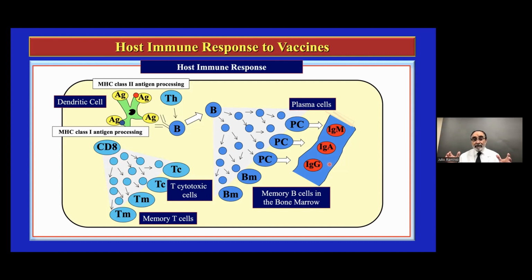And this explains why, with the polysaccharide vaccines that activate only B cells and plasma cells, the way to resolve the problem that the dendritic cells do not respond very well is to attach or conjugate the polysaccharide with a protein, to be sure that our immune system recognizes that it's a foreign protein.